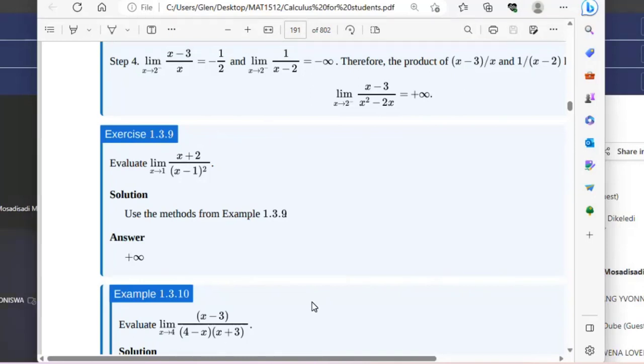Lebo. Listen, when it approaches 4 to the left, you substitute 4. When x approaches to the right, you still substitute 4. Am I correct or am I wrong? You are correct.